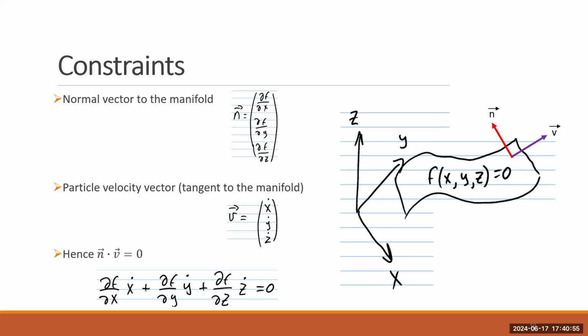Therefore, since the normal is perpendicular to the tangent velocity, the dot product between the normal and the velocity is 0. This also comes from the math, but also from the geometry, because they are perpendicular. Is this understood?